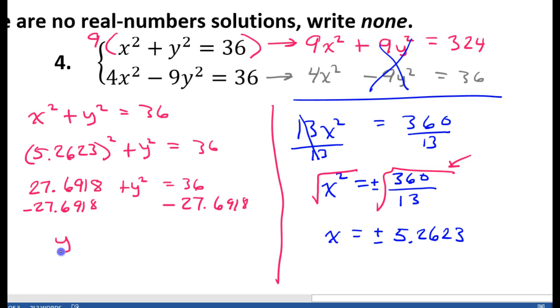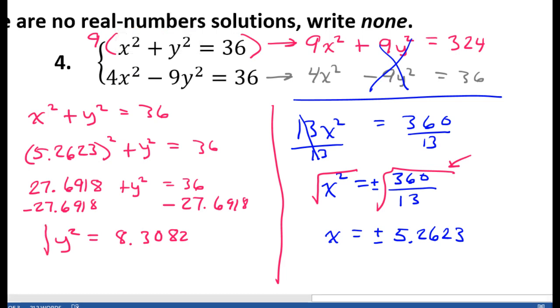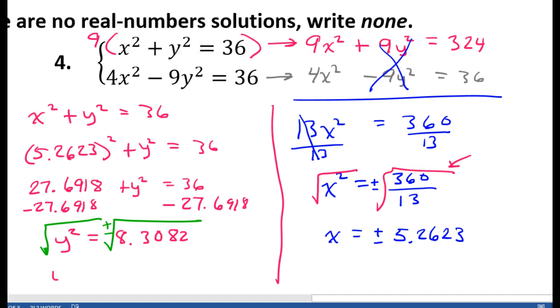That gives me y squared is equal to 8.3082. Then I need to take the square root of both sides, and this will be plus or minus. So y is equal to plus or minus 2.8824.